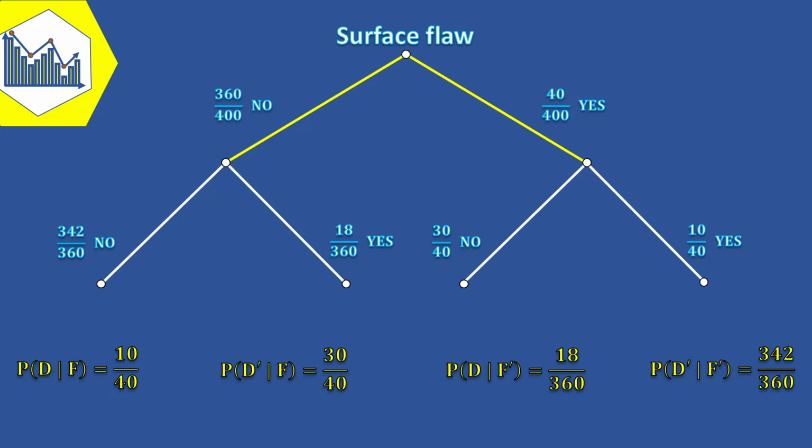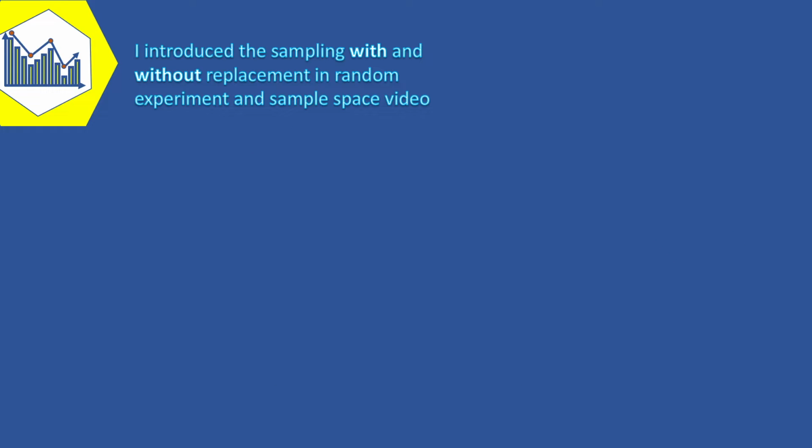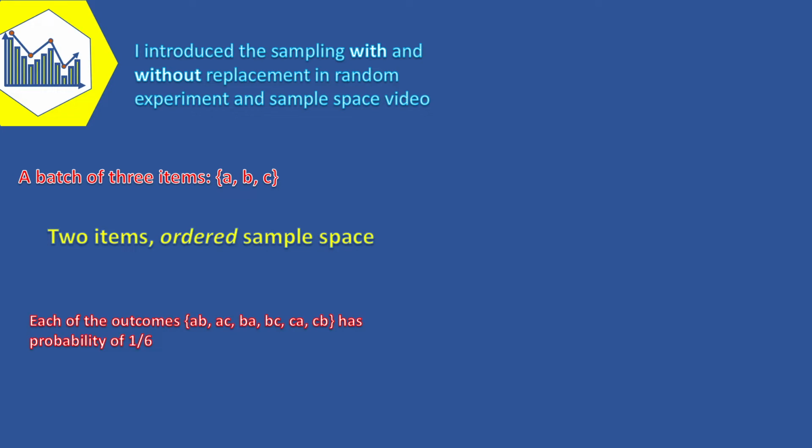But before wrapping up the video, let's check another subject that is related to our previous video, which was about sampling. When sample spaces were presented earlier in the random experiment and sample space video, sampling with and without replacement were defined and illustrated for the simple case of a batch with 3 items of A, B, and C. If 2 items are selected randomly from this batch without replacement, each of the 6 outcomes in the ordered sample space, AB, AC, BA, BC, CA, and CB, has the probability of 1 over 6.